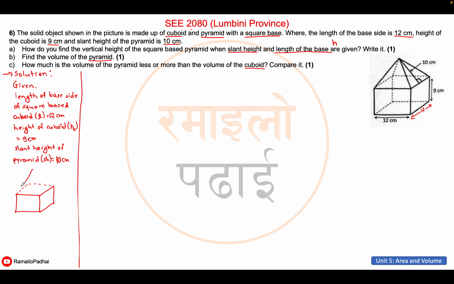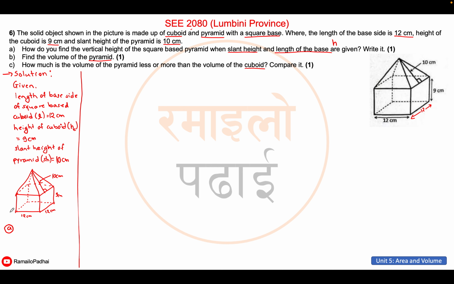Let's draw to this point. If it was a copy, then I would have done the perfect figure. However, it is not a copy, and so my line gets bad. So this is 12 centimeter, this is also 12 centimeter, this is 9 centimeter, and the slant height is 10 centimeter.